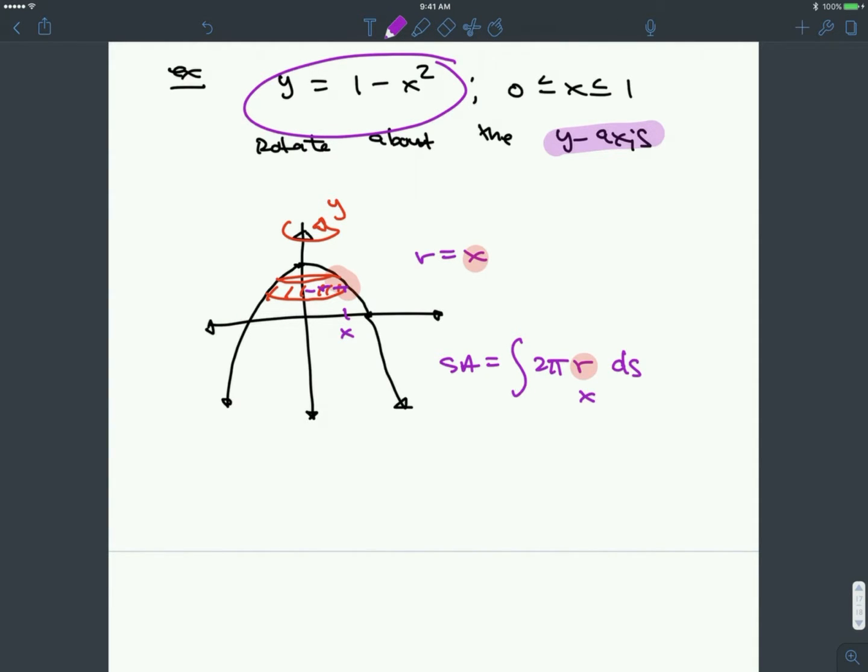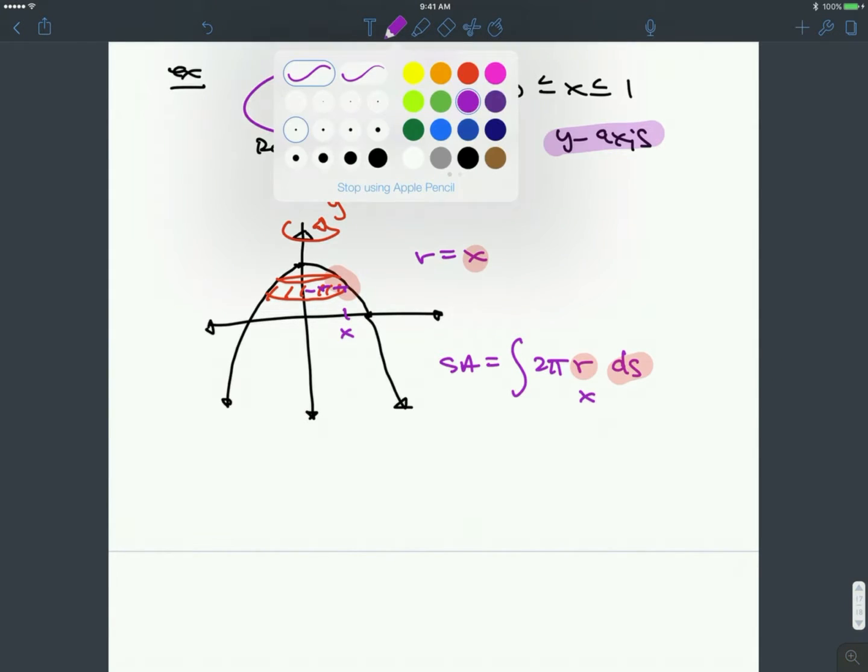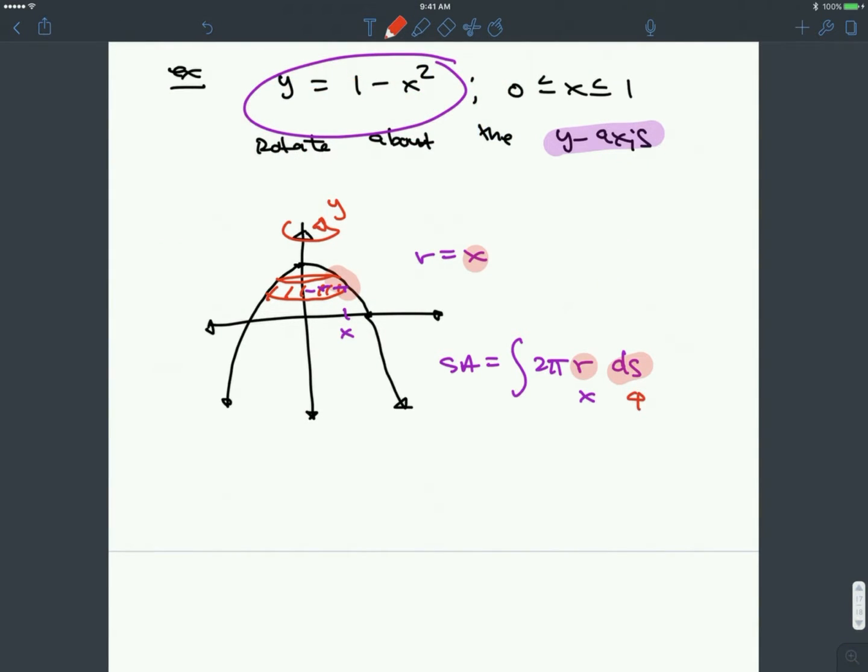That's fine, we're going to leave it that way. If our radius was y, then we'd rewrite this as 1 minus x squared for that radius value. But it's not, it's the x coordinate. What that tells us is for our ds, we're going to need the version that integrates over the x variable. This is the square root of 1 plus y prime squared.